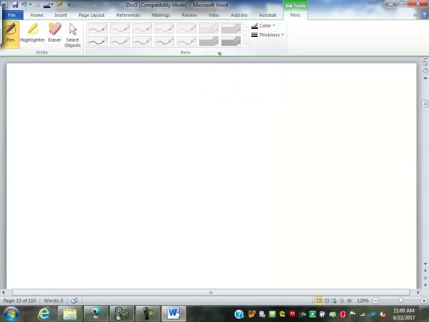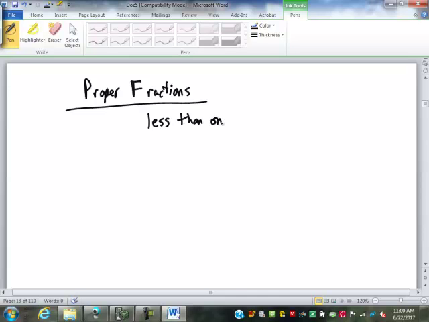What we've been looking at so far are what are called proper fractions. In a proper fraction, it represents less than one whole object.